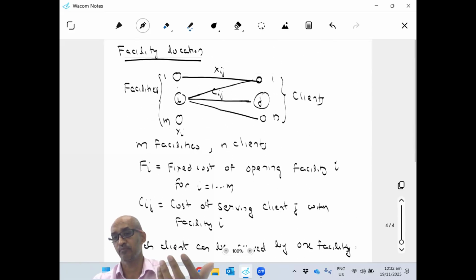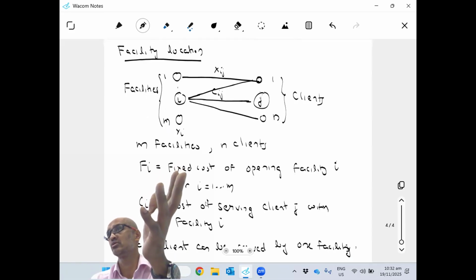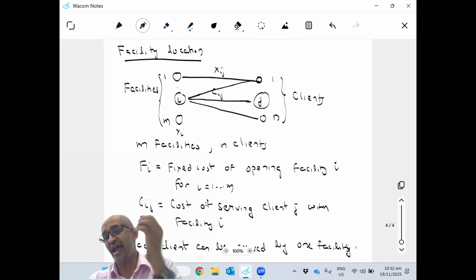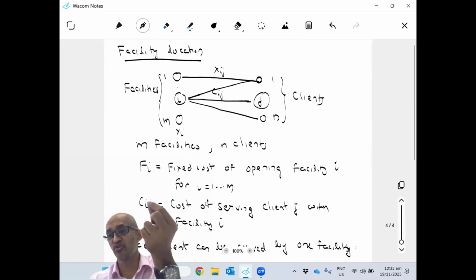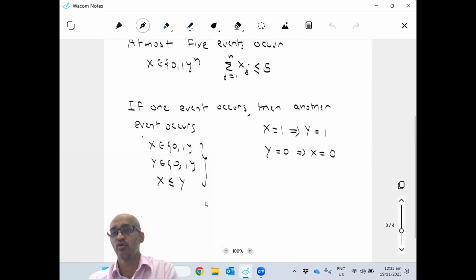What is that constraint? If yi is 0, every xij has to be 0. Or if any one xij is 1, the corresponding yi better be 1.